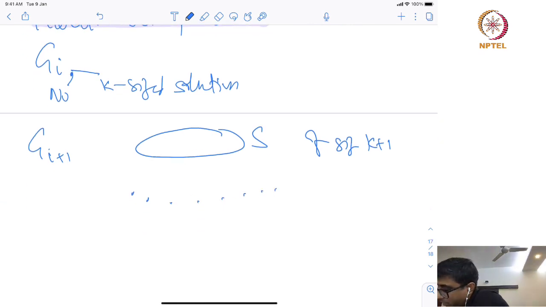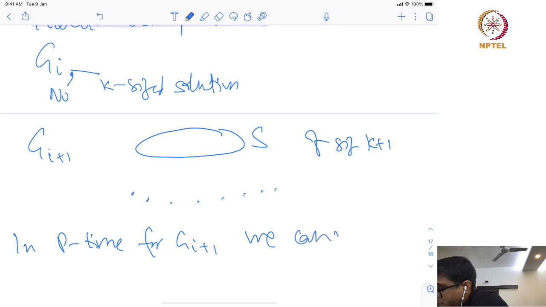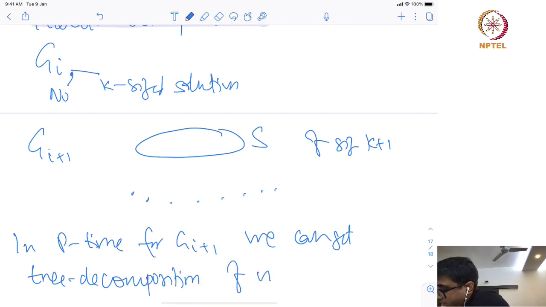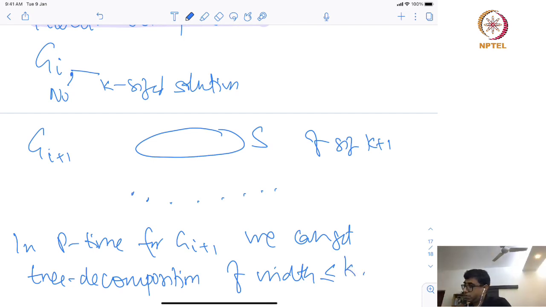So, in fact, in polynomial time for G_{i+1}, we can get a tree decomposition of width at most k plus 1.